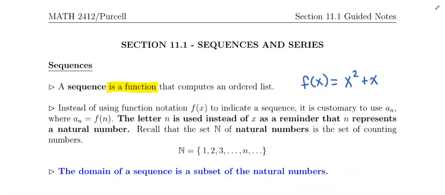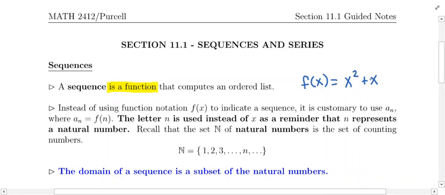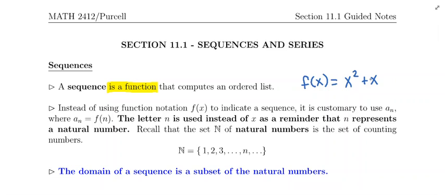So if you read in the second bullet point there, it says instead of using function notation f of x to indicate a sequence, it is customary to use a_n, where a_n is equal to f of n. The letter n is used instead of x as a reminder that n represents a natural number.